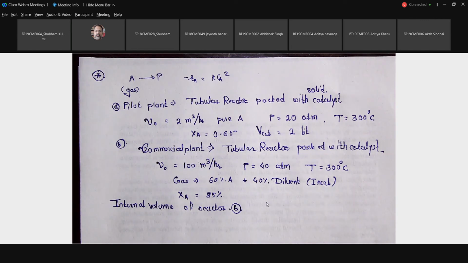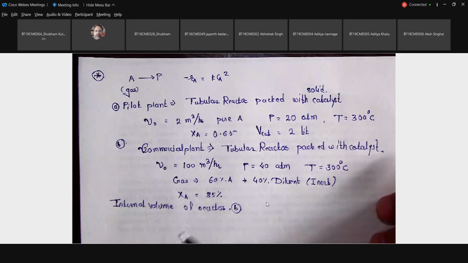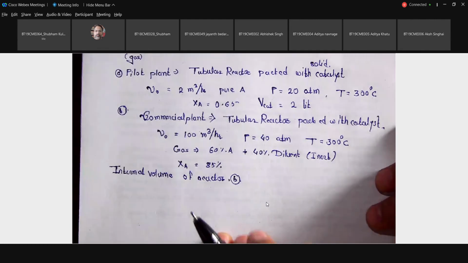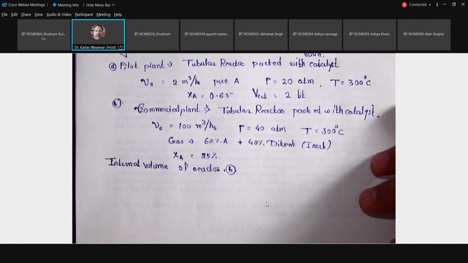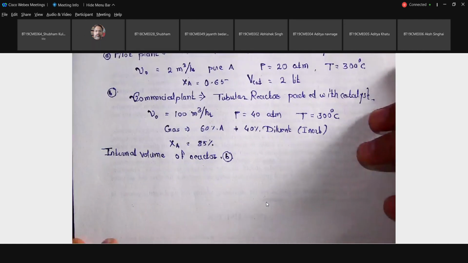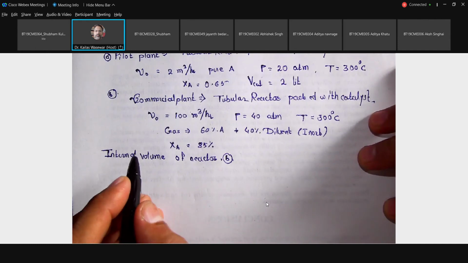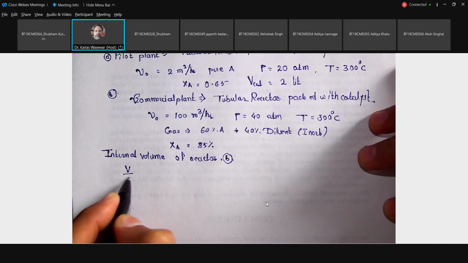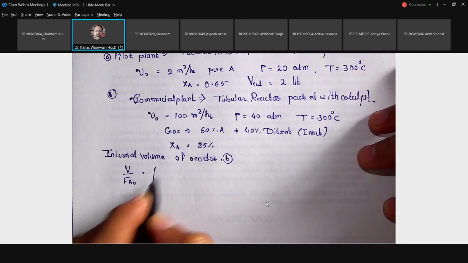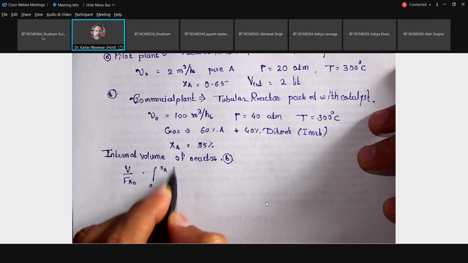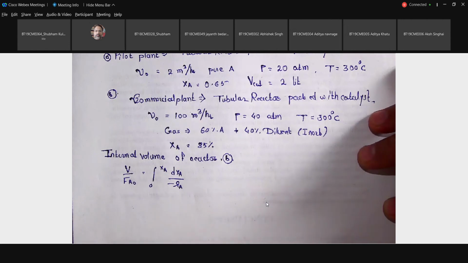As it is a tubular reactor, it is a plug flow reactor. Is it? So for plug flow reactor, it will be V upon Fa0, V representing the volume of catalyst, is equal to integral 0 to Xa dXa upon minus r_A. Because here catalyst is given in terms of the volume, not in the weight.